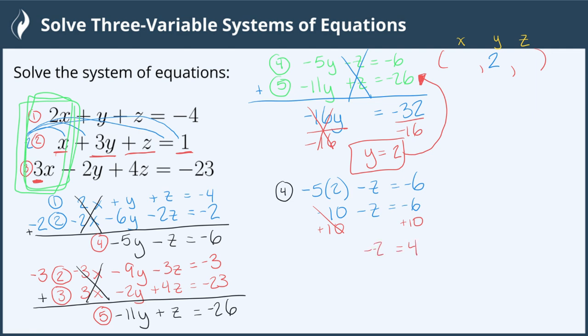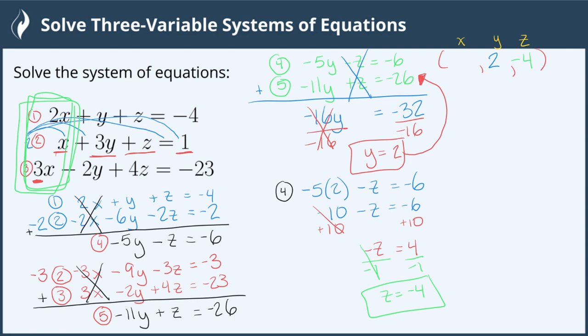So we have negative z equals positive 4, and to continue solving, we'll divide both sides by negative 1, making this z equals positive 4 divided by negative 1, which is negative 4. And now we have our second coordinate for our ordered triple, z equals negative 4. So it was much faster.